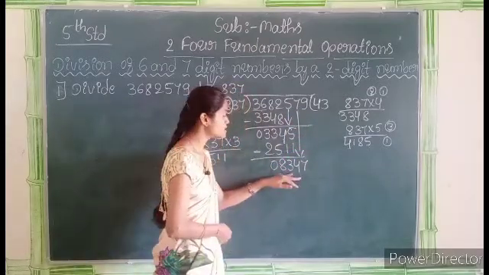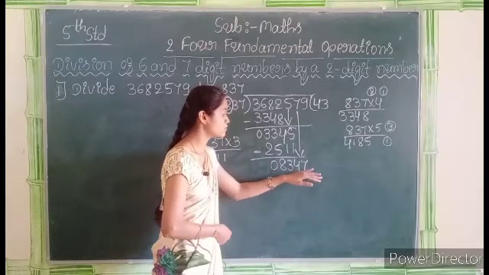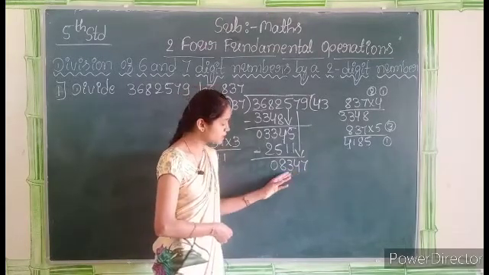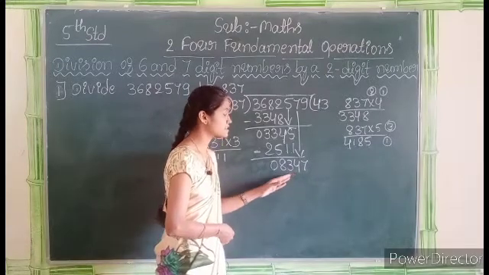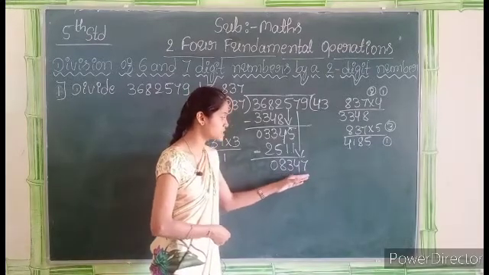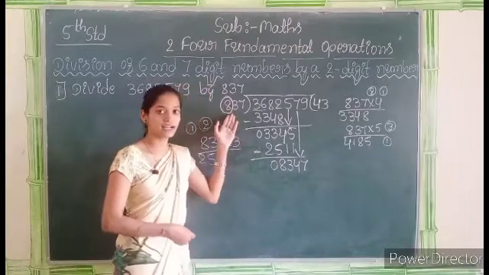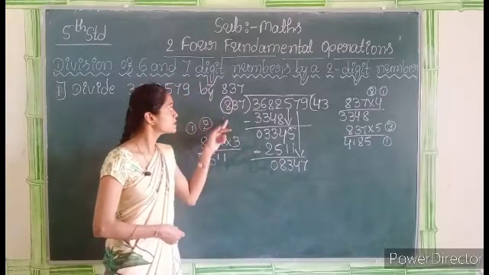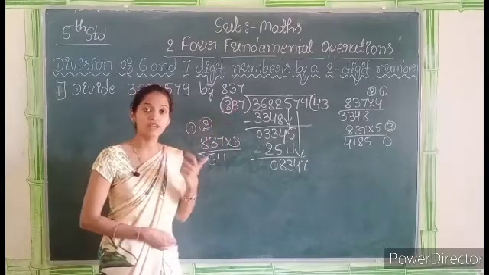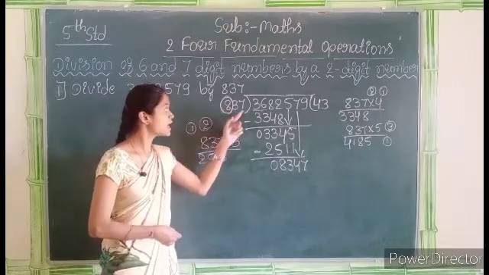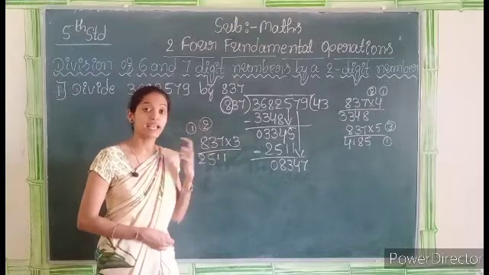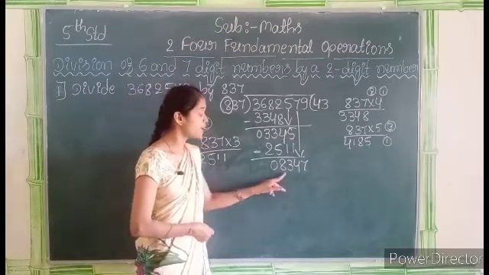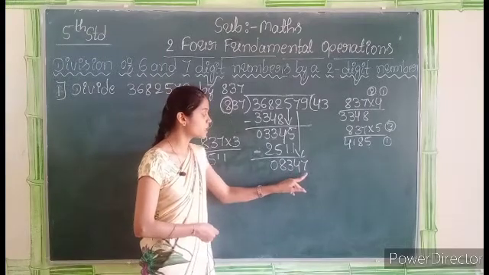Now we have to consider 8347 as dividend. Let's find out which number is less than or near to this 8347 in the table of 837. Students, if you consider the 837 tens, we get 8370, right? That 8370 is greater than this 8347.